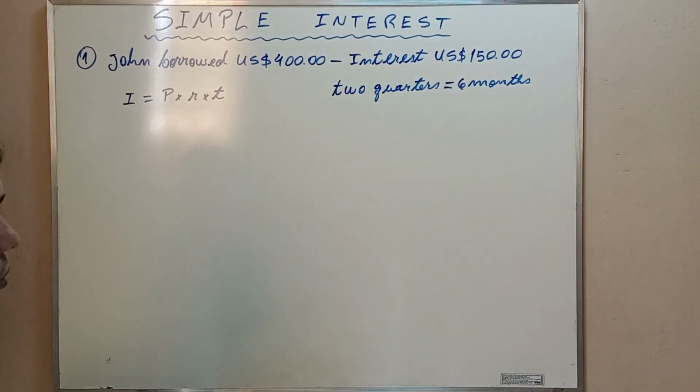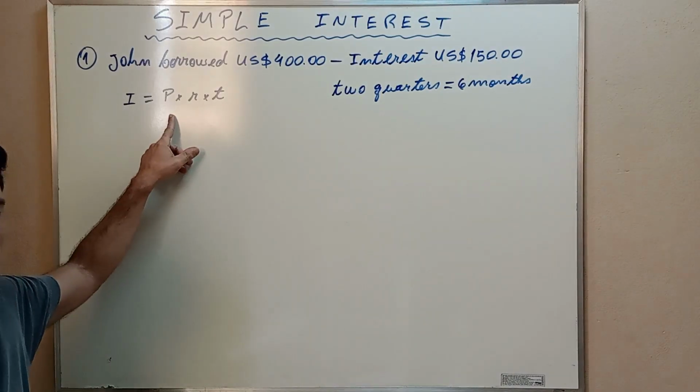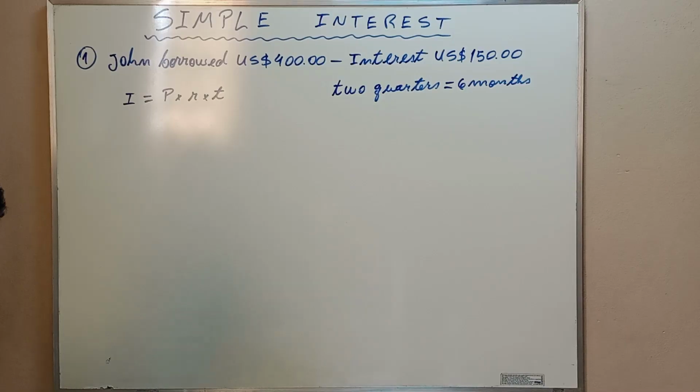Alright? We're going to use this information in this formula here to calculate the interest rate. That is the question. The exercise asked us what was the monthly simple interest rate applied by the bank.